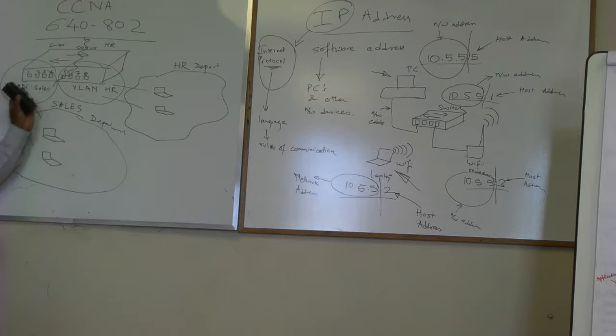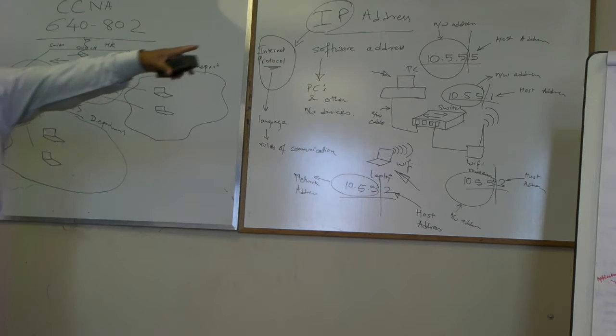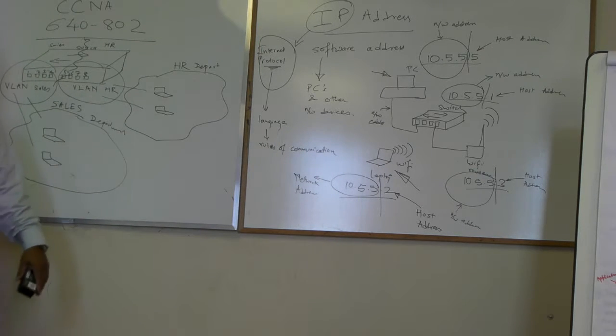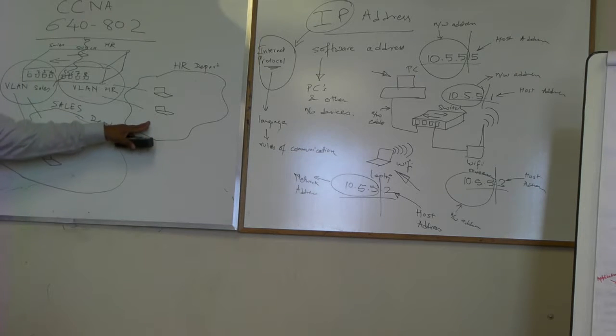Now, we have done a VLAN, we've created a virtual LAN for both the departments, but what about the IP address? You have to choose an IP address for these 2 computers and for these computers. Okay.